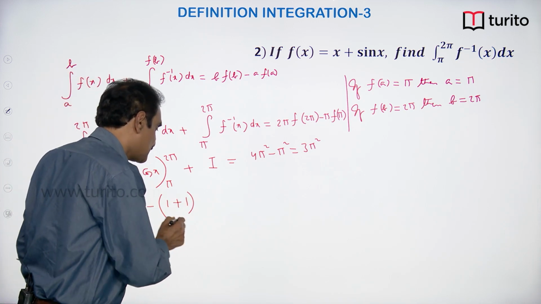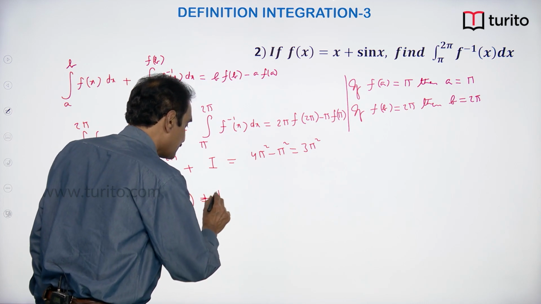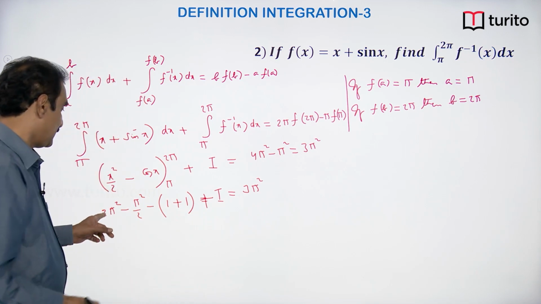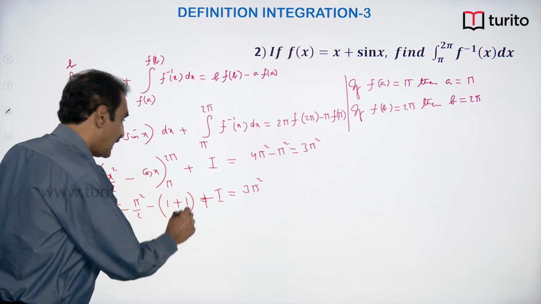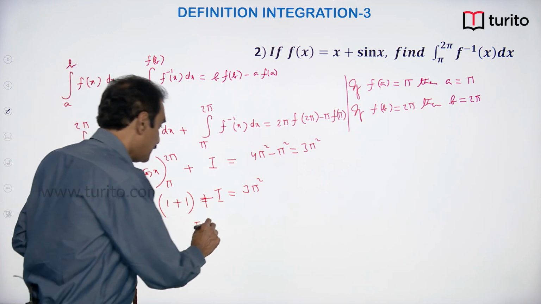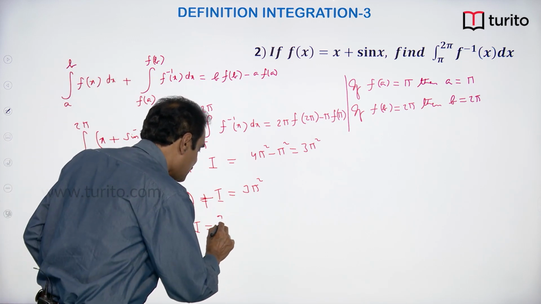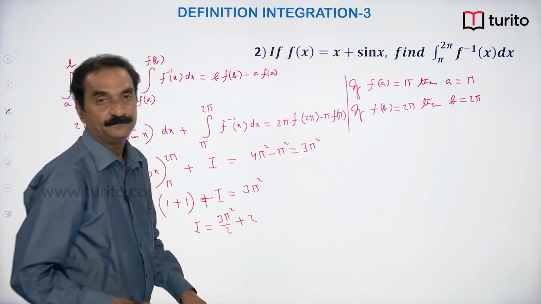So, minus of minus 1 plus 1 is equal to plus 2. Plus I is equal to 3 pi square, and this is 3 pi square by 2 remaining. So, I is equal to 3 pi square by 2 plus 2.